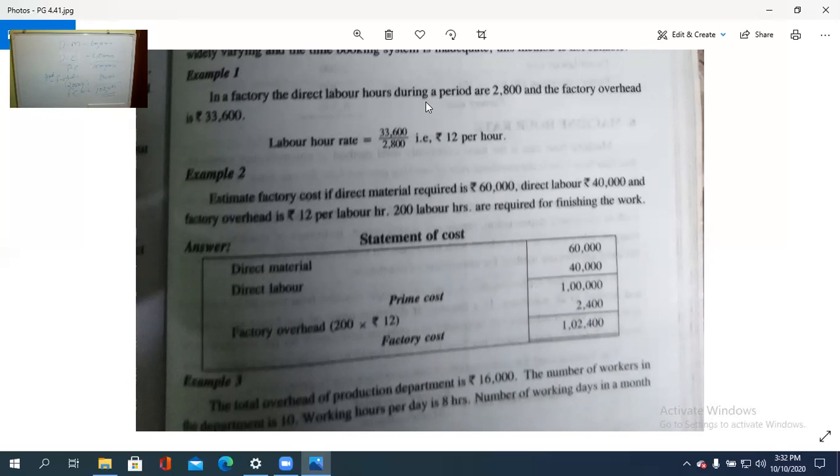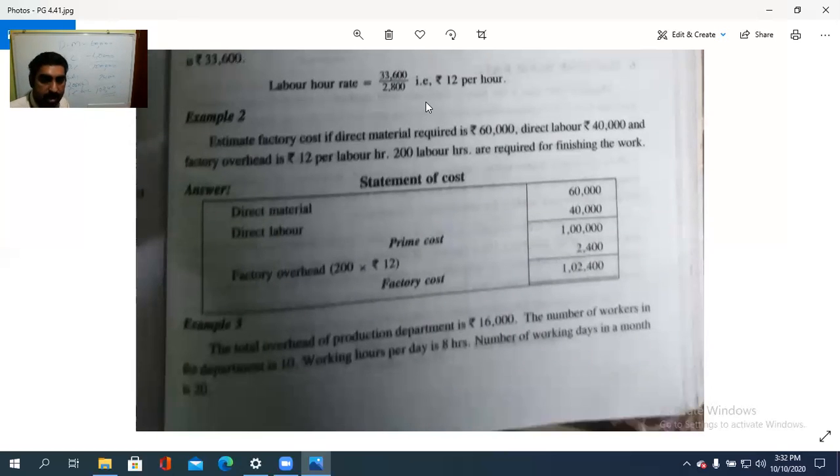Okay. Then another example, the total overhead of the production department is 16,000. Number of workers in the department is 10. Working hours per day is 8 hours and number of working days in a month is 20.